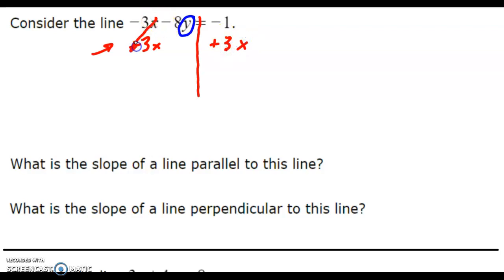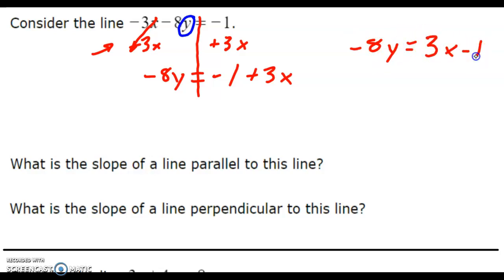So it cancels out. And now I've got a negative 8y still there is equal to, now you could either put negative 1 plus 3x, or you could put negative 8y equals 3x minus 1. Does not matter which one you put. If you want to bump the negative 1 over and put the 3x first, doesn't matter.